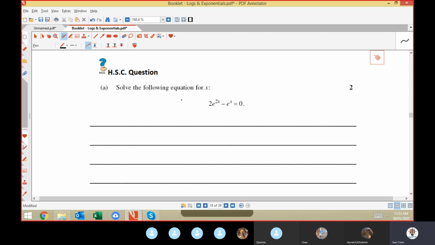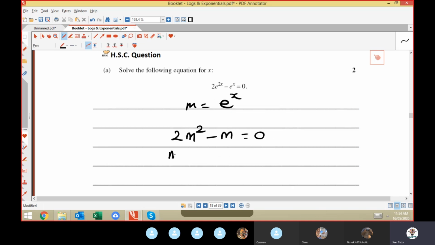That's another HSC question. Solve the following for x. We should know that that's a quadratic. What do we let m equal to? The middle term will be 2 to the power of... And then this becomes 2e to the x squared, so that's 2m squared minus m. And factorize your m out.